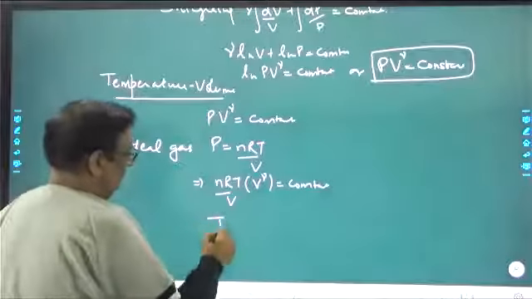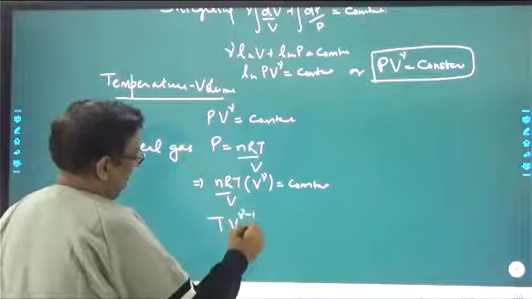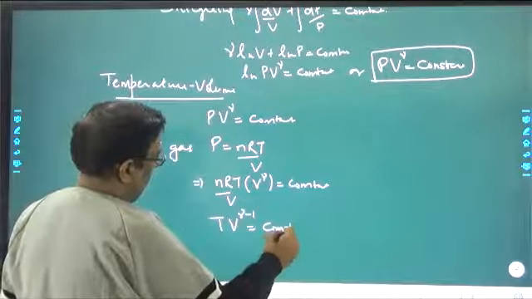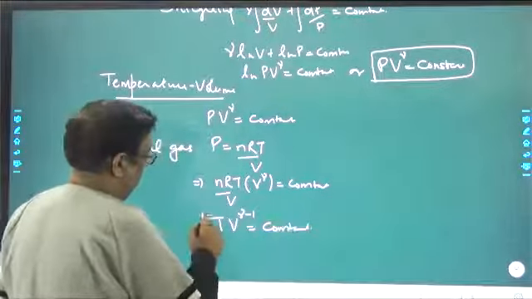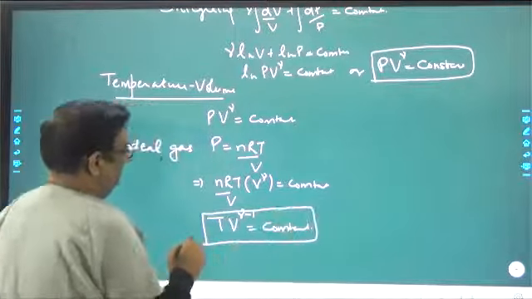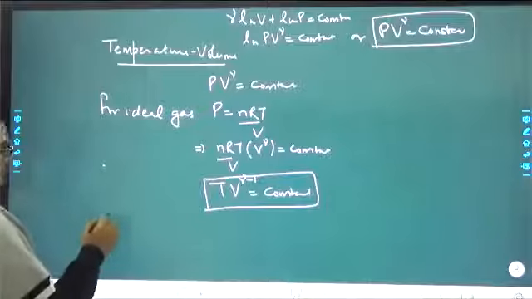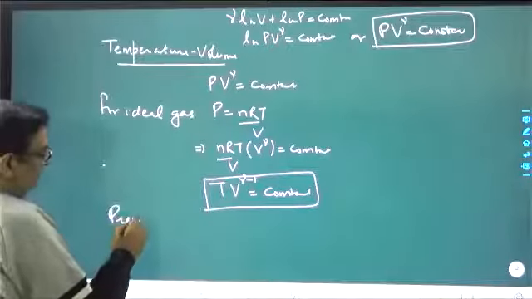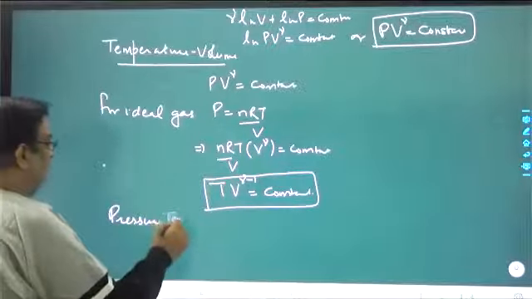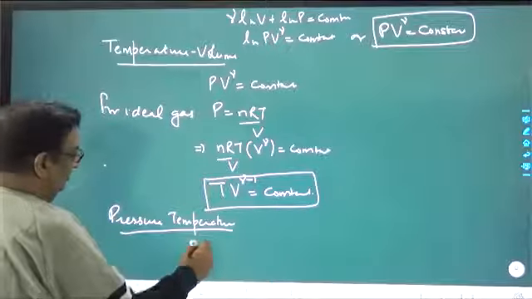So you get the relation as TV raised to power gamma minus 1 is constant. If you want the pressure temperature relation, substitute for volume.